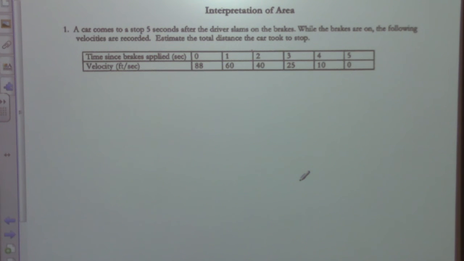You three are one group, and you two are one group. So what I want this group here on the west, you're the west group, this is the east group. West group, I want you to do a left Riemann sum of this. The east group, I want you to do a right Riemann sum.